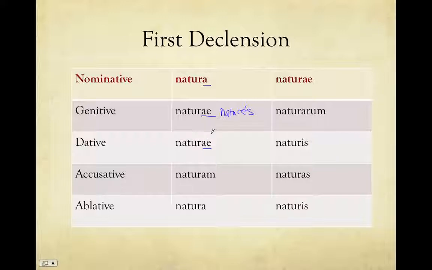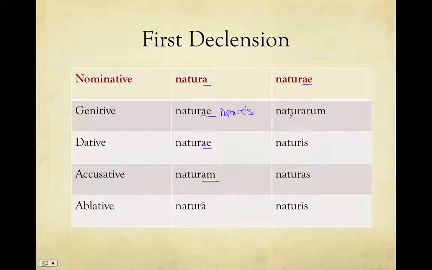Context will signal to you what the function is. The accusative naturam, and the ablative natura, and this is actually a long A. So within poetry and certain texts, you'll be able to see that it is different from the nominative. So the singular first declension: natura, naturae, naturae, naturam, natura.